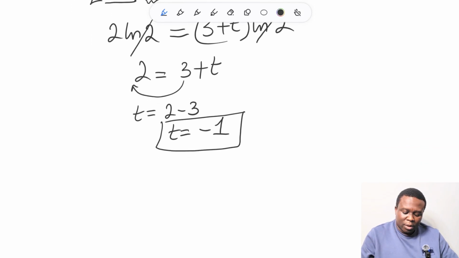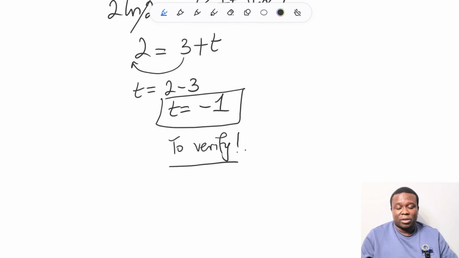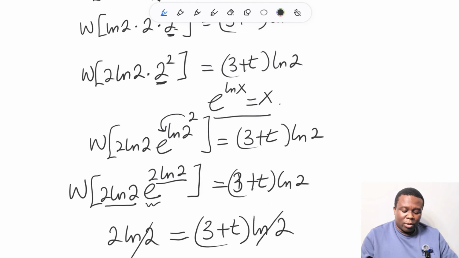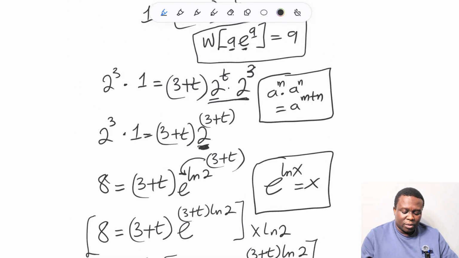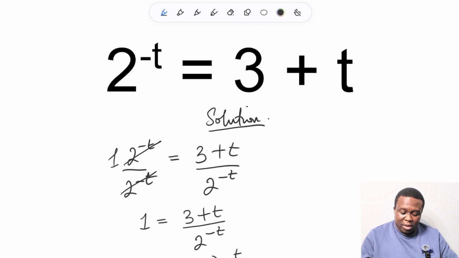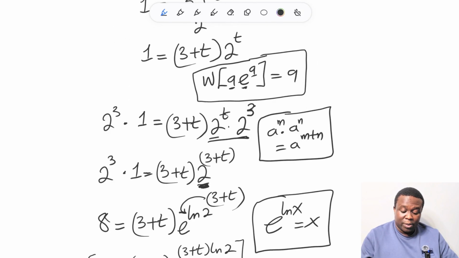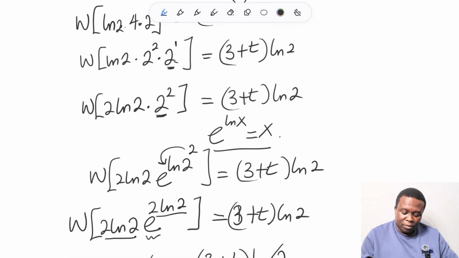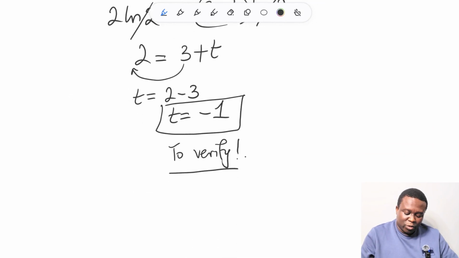Now, to verify this, because we need to make sure that our answer is correct, we go back to our equation. Our equation states that 2 raised to the power minus t is equal to 3 plus t.